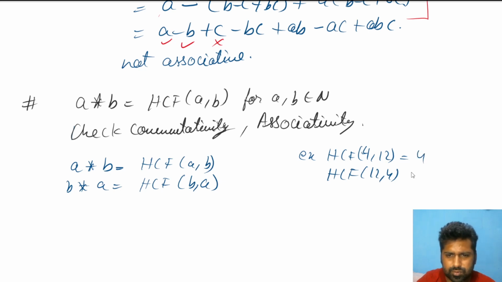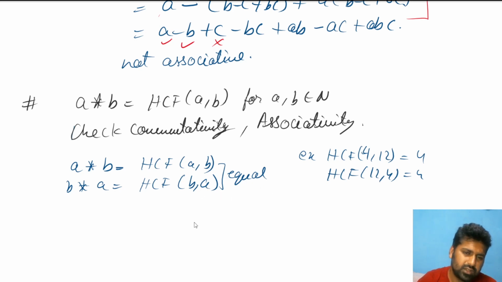HCF is 4, 4. So they are equal. You don't have to actually solve anything, it's all about thinking. Whether you take the numbers in any order, the HCF is the same, so they are equal. This is the proof of it. HCF is commutative.